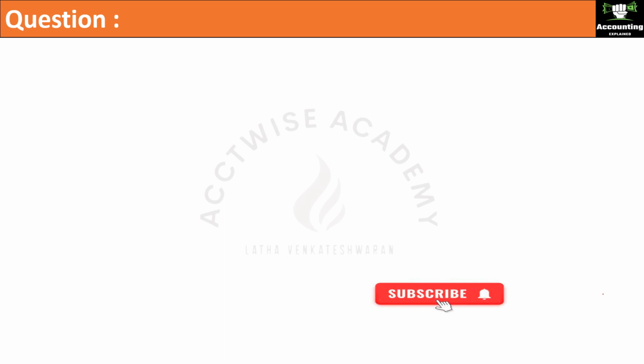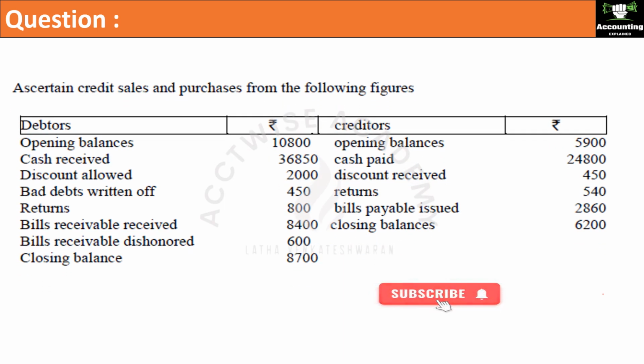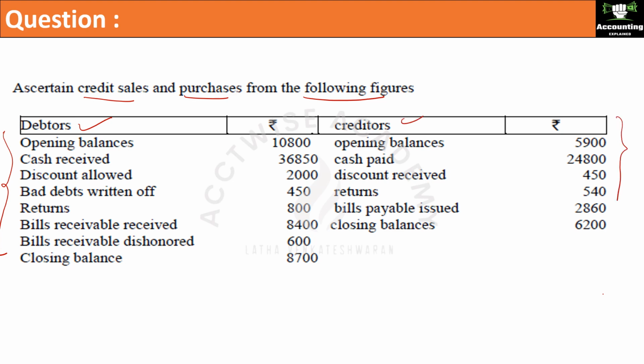Let us see how to solve a problem. Ascertain credit sales and purchases from the following figures. Debtors information they have given, and creditors information they have given. Opening balance of debtors 10,800, cash received 36,850, discount allowed 2,000, bad debts 450, returns 800, that is sales returns, bills receivable received 8,400, bills receivable dishonored 600, closing balance of debtors 8,700.